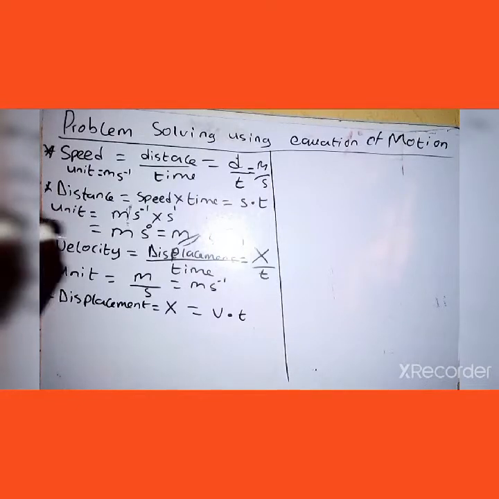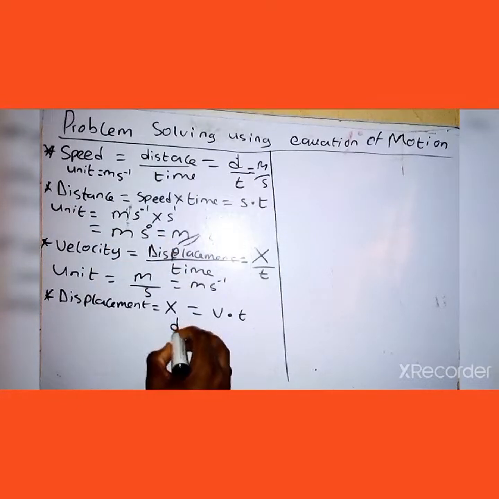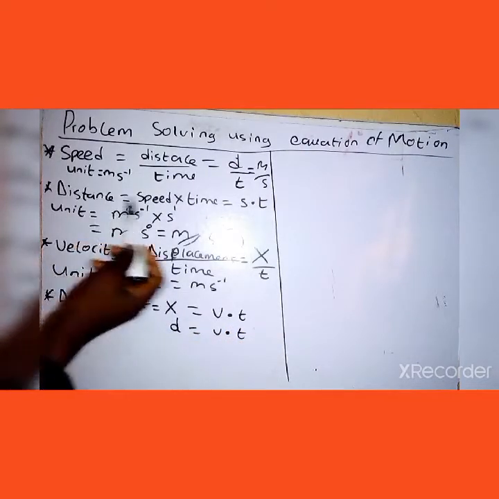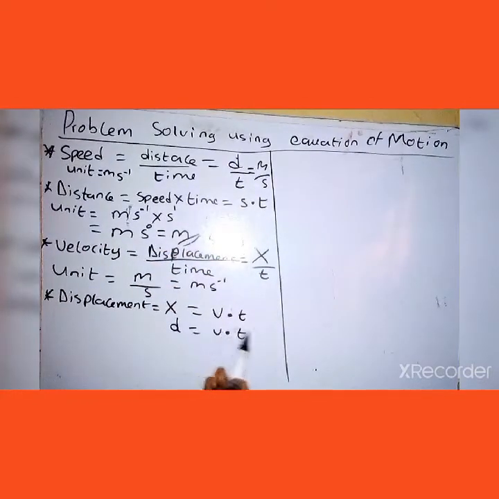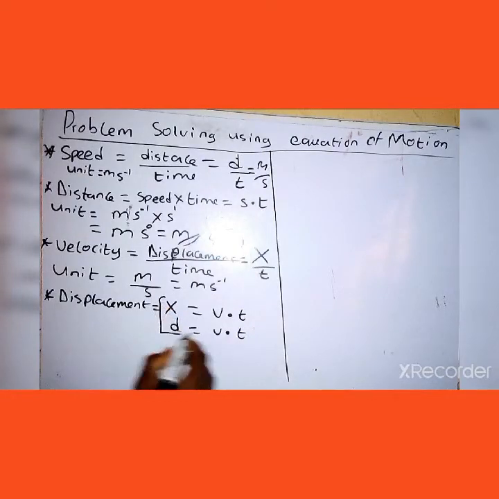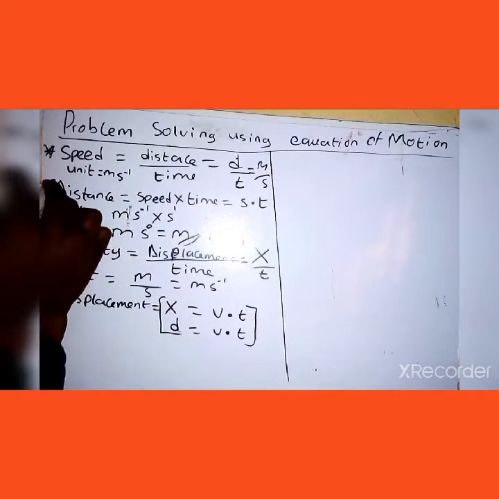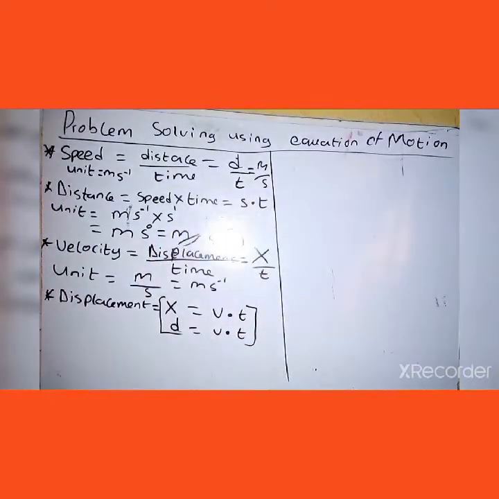So distance d can also be vt. Speed and velocity have the same unit. So this is another formula for velocity, and another formula for distance.